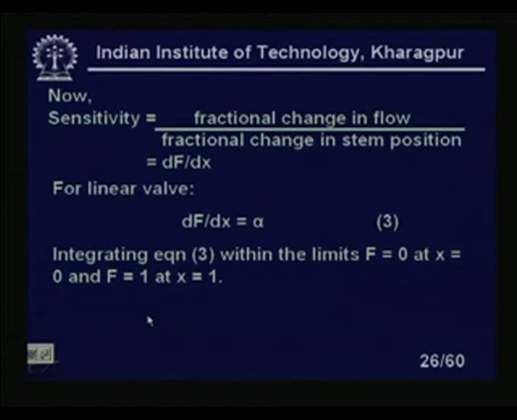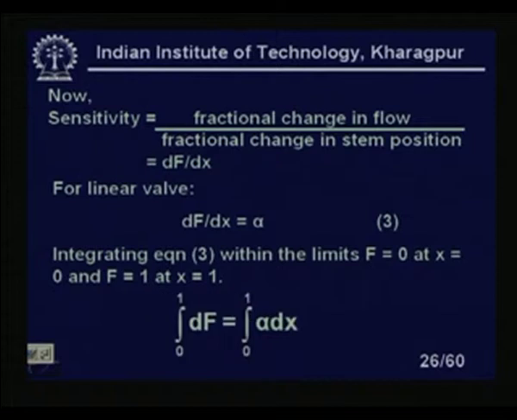Integrating equation 3 within the limits f equal to 0 at x equal to 0, we are assuming that when the valve is totally shut off there is no flow, and f equal to 1 at x equal to 1. When the valve stem is moved up fully, it is 100% open, and at that time the flow is 100%, so f is obviously 1.